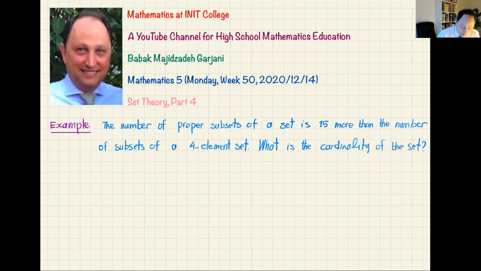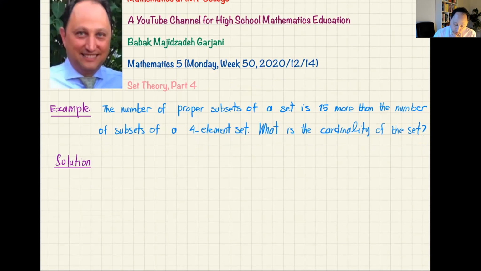Okay, so this is simple. Let me just do it. I want to find the cardinality of my set, so let n be the cardinality of the set. n is missing, and I want to find n.